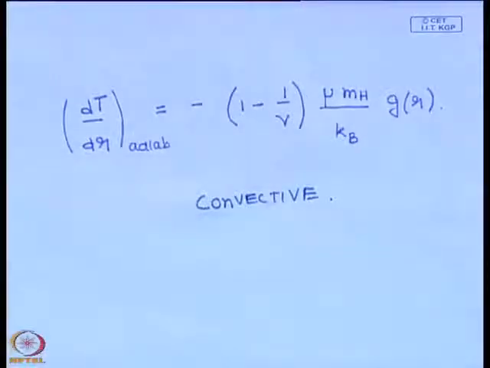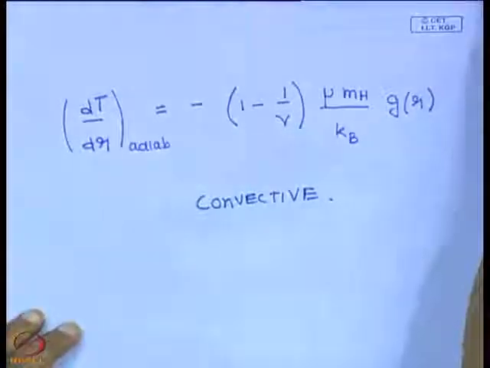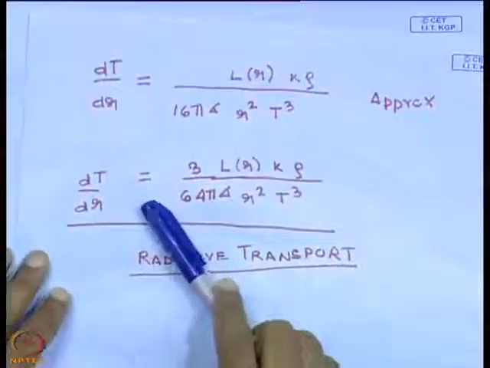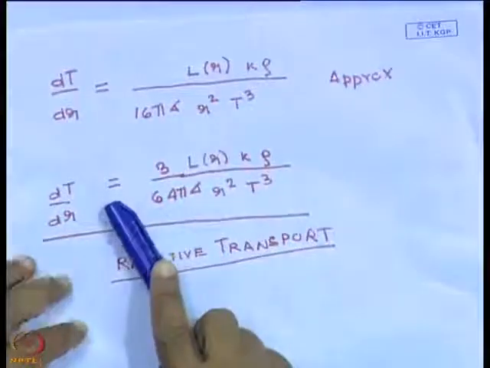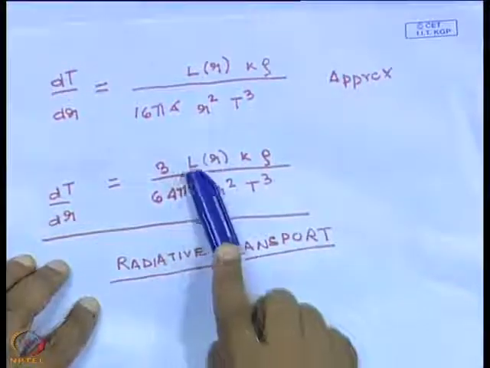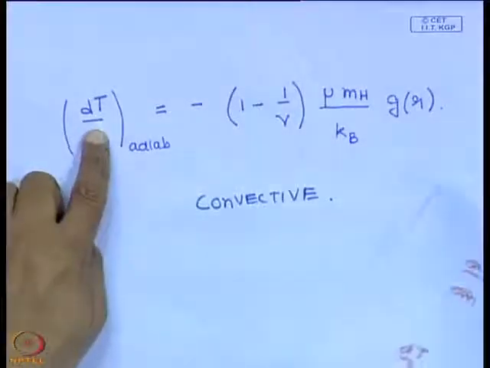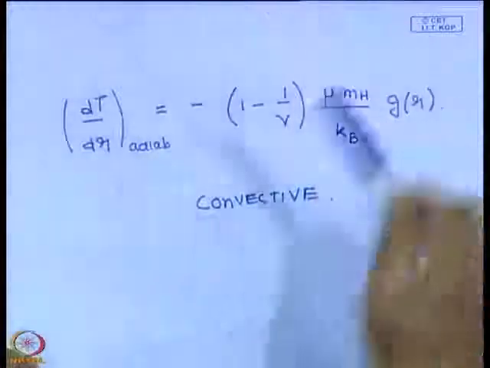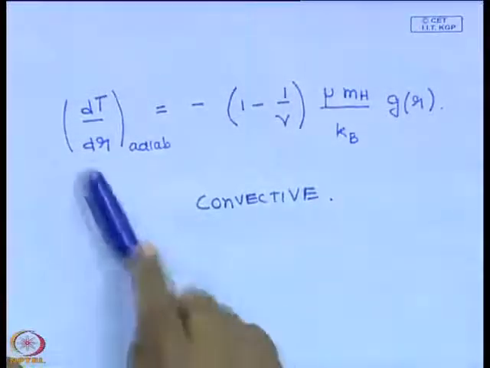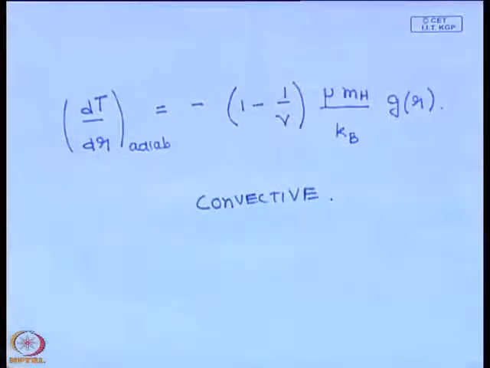you have this. And which of them you have to use is to be determined by seeing which one is larger. If this is smaller than this, then you have to use this. The moment this becomes bigger than this, you have to use the adiabatic temperature gradient, and we know that then convection has set in.